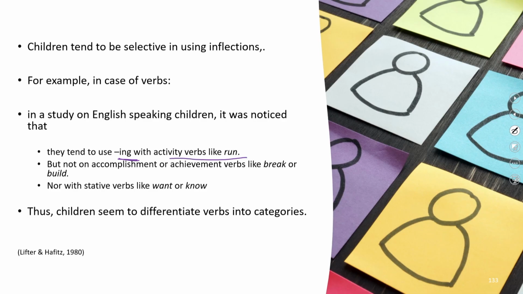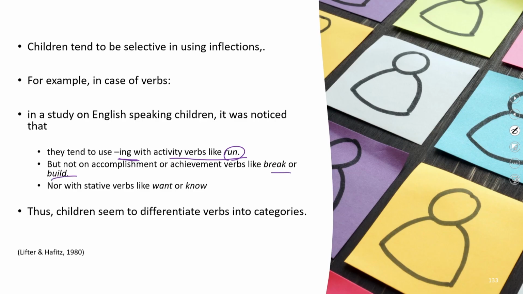Verbs in English have been categorized into different types: activity verbs, achievement or accomplishment verbs, stative verbs, and so on. The children used the ing marker predominantly, or selectively, with activity verbs like run, but not with other verbs like break or build.